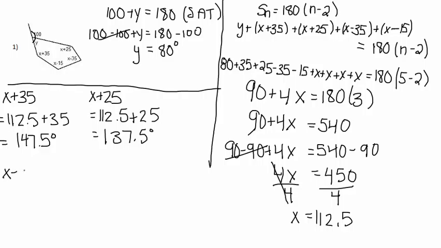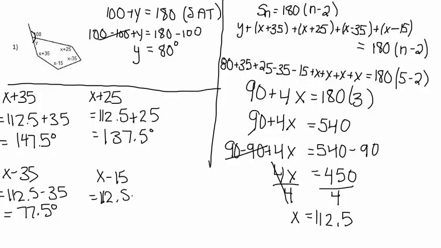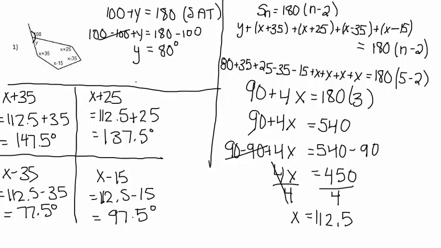We also have an x minus 35, which gives us 112.5 minus 35, which is 77.5 degrees. And then finally we have an x minus 15, which is 112.5 minus 15, which is equal to 97.5 degrees. And there you have all of the exact values of each of our interior angles of this polygon.